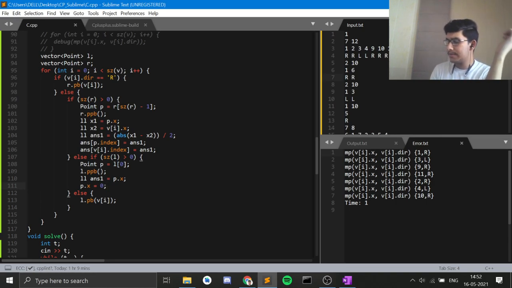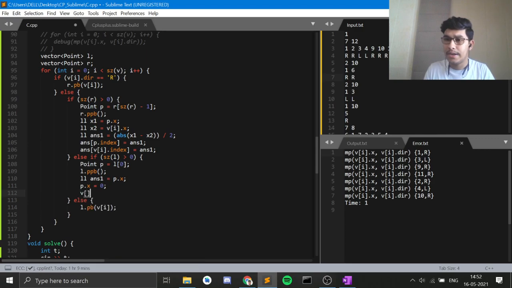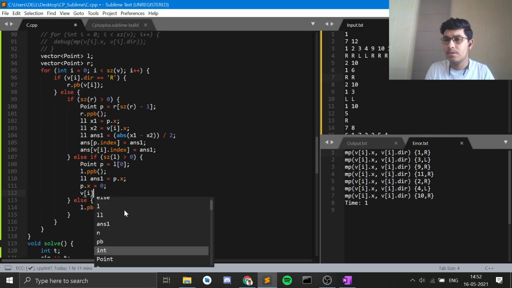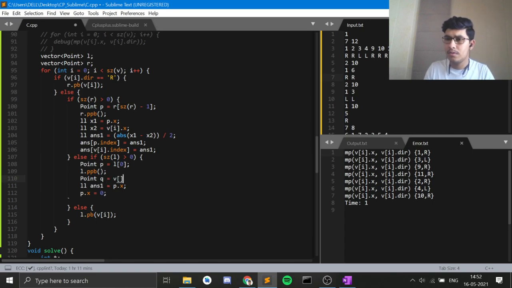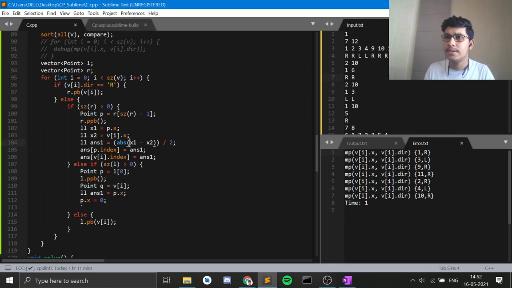So P will reach 0 after so much time, and V at I. In fact, I should consider it like point P and point Q. That would be much better here as well.